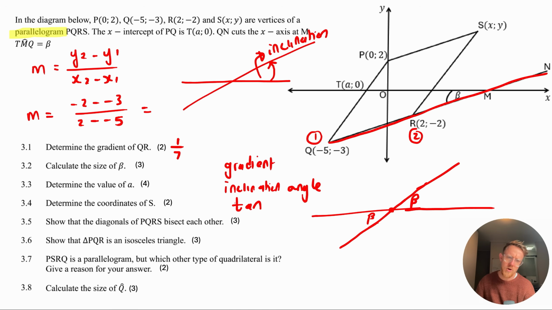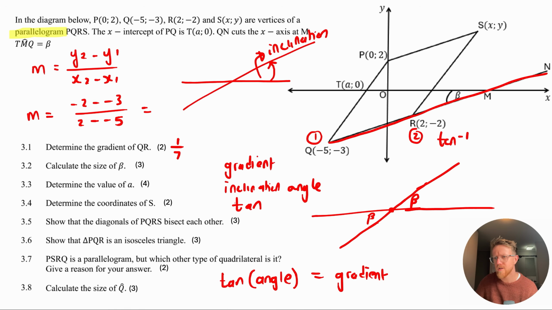The tan of the angle gives you the gradient. And then if you have the gradient, you can use reverse or shift tan of that gradient value, and it'll give you the angle.